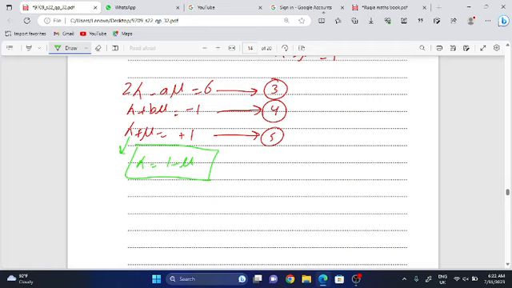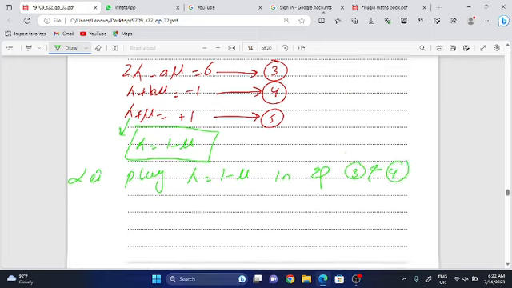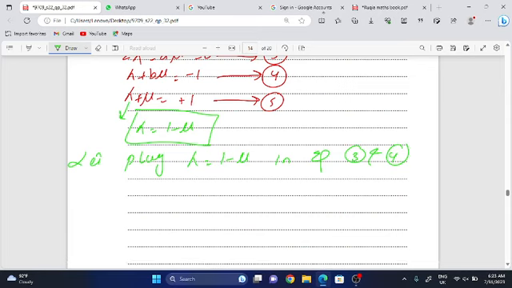Then I substitute lambda equals 1 minus mu in equation number 3 and equation number 4. So let's plug it in and see what happens.